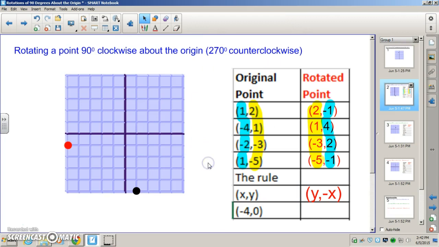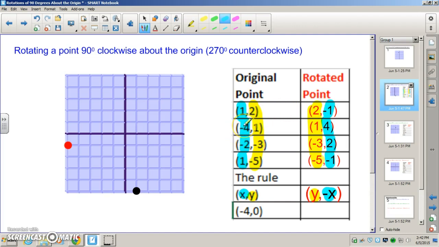It means the sign is switched. The yellow here goes to the yellow there and stays the same. The blue here goes to the blue there, but the sign changed. That's why it went from 1 to -1.